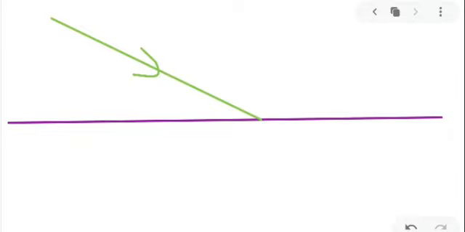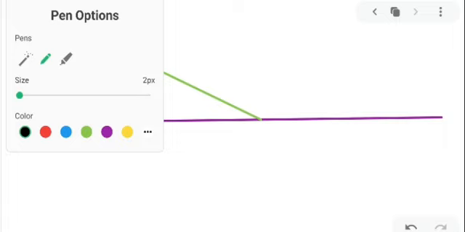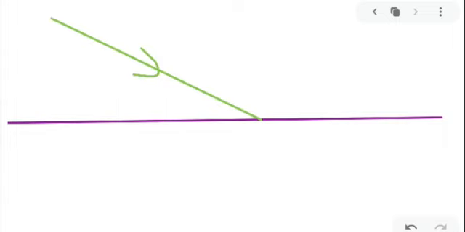So what happens at this point? Let me mark that point. What happens at this particular point? This point is on the interface. Let me remind you guys, this purple line is called the interface.